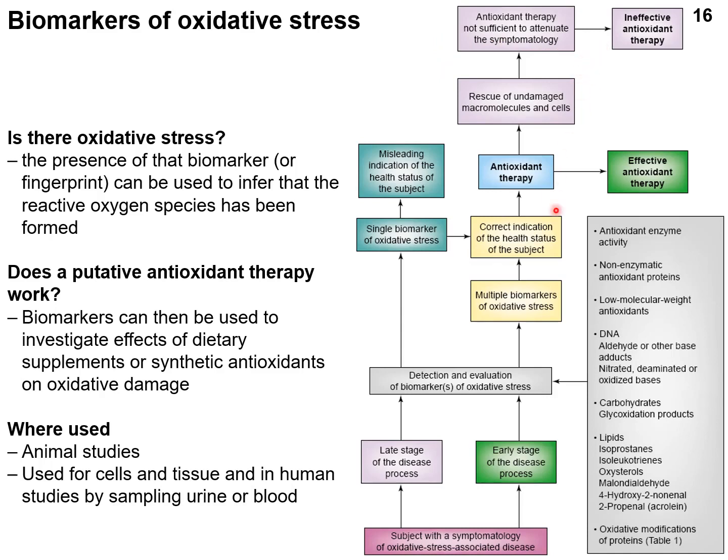But generally speaking, what you're doing is tracking the potential of antioxidants to affect these biomarkers. So the idea would be that if isoprostanes started coming down once you treated with your antioxidant, then you're likely to have an effective antioxidant treatment.